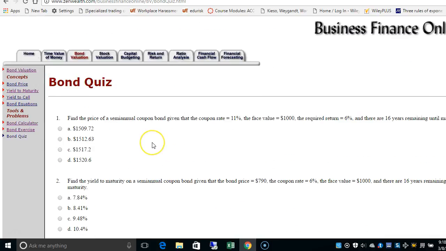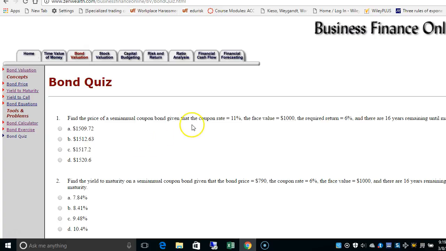So if we take a simple bond problem and figure out what the value of that bond is, it's fairly easy using the present value on Excel. So in this problem, we're told that the price of a semi-annual coupon bond, given that the coupon rate is 11%, the face value is $1,000, the required return is 6%, and there are 16 years remaining until maturity.